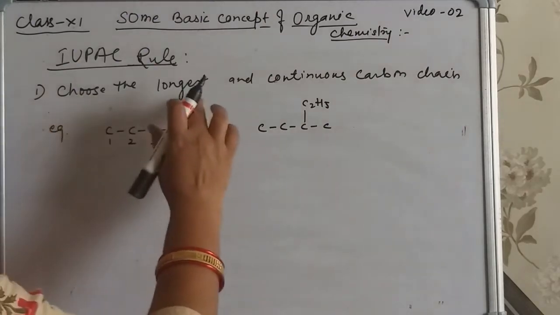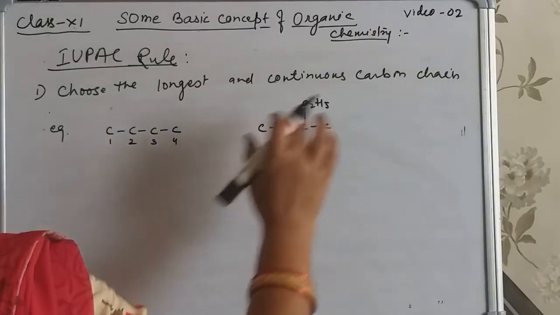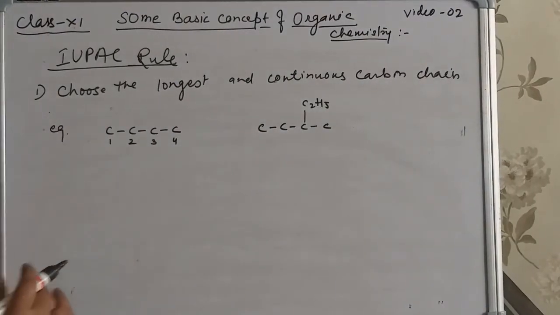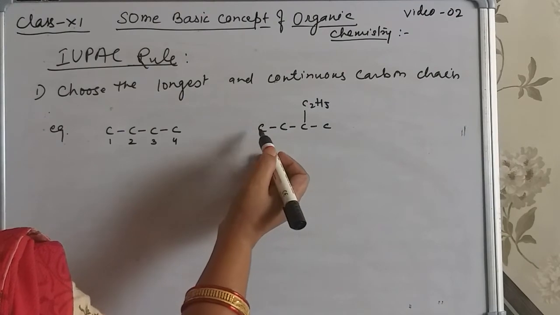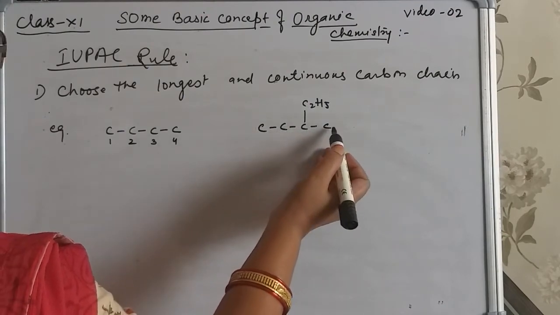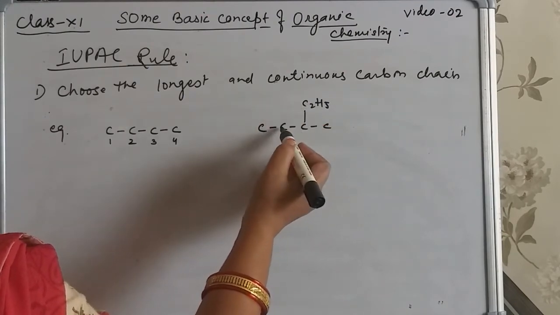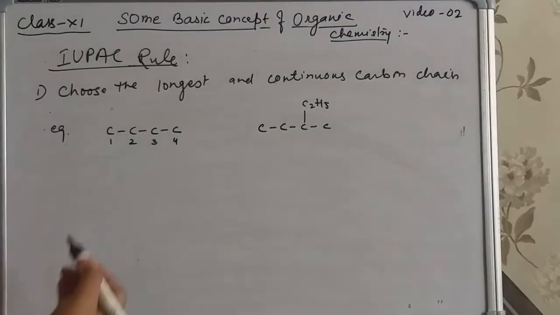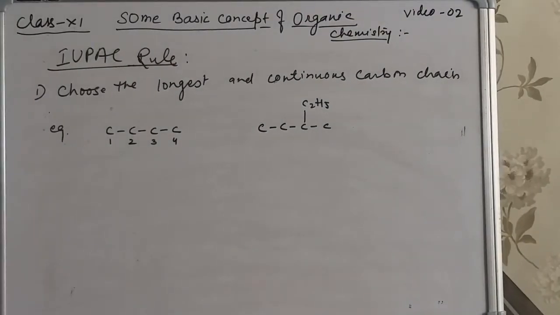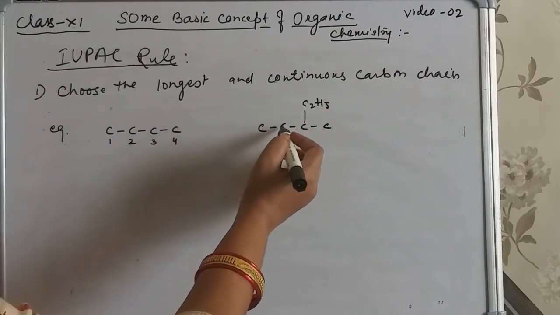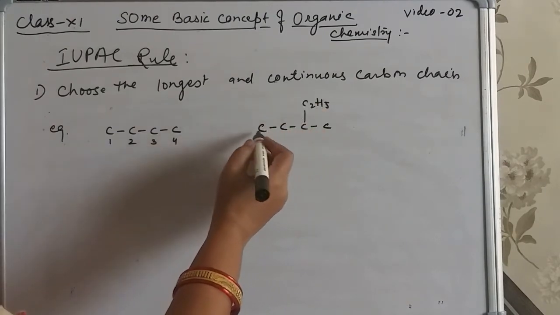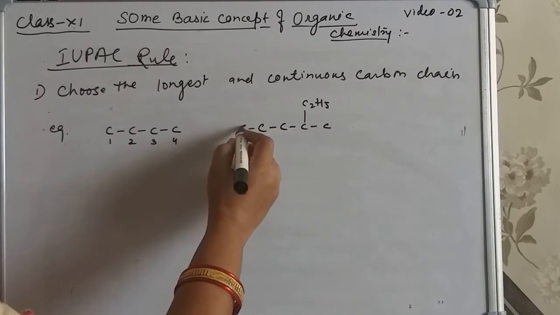According to the rule, the longest and continuous carbon chain is called the parent chain. So if we count 1, 2, 3, 4, or 2, 3, 4, 5, so 1, 2, 3, 4, 5, and suppose one carbon is also given here.